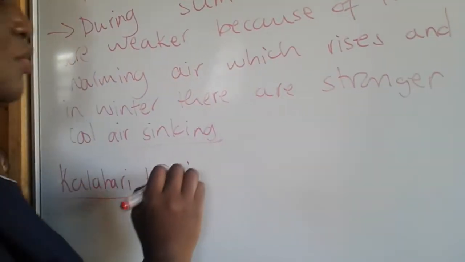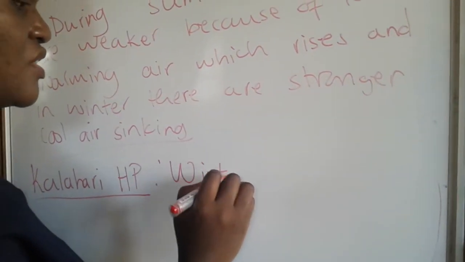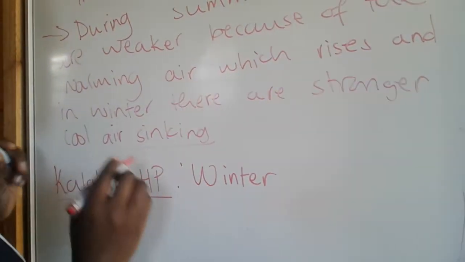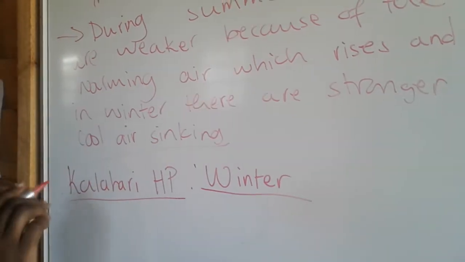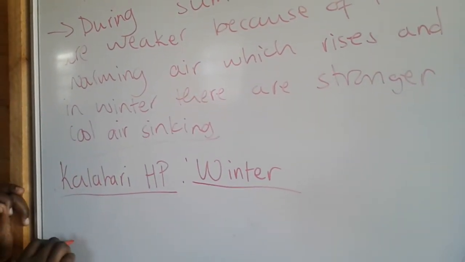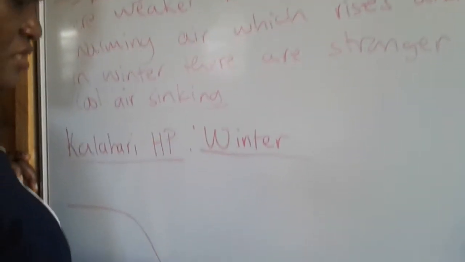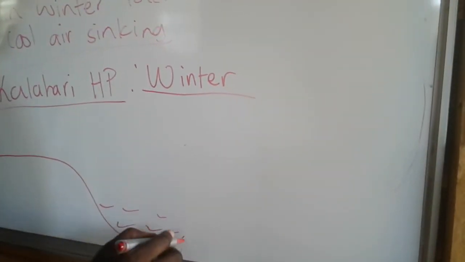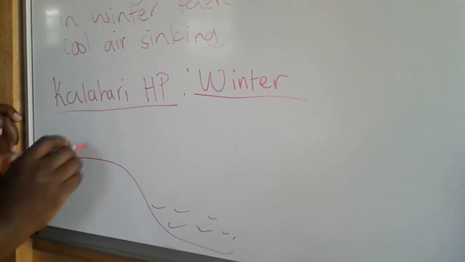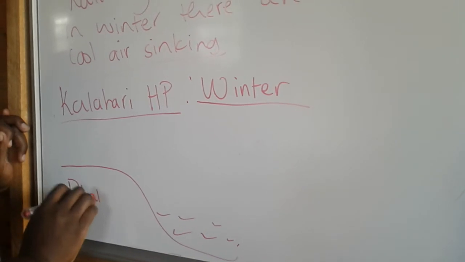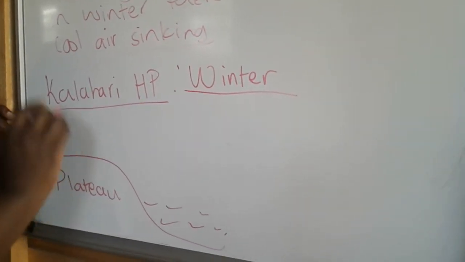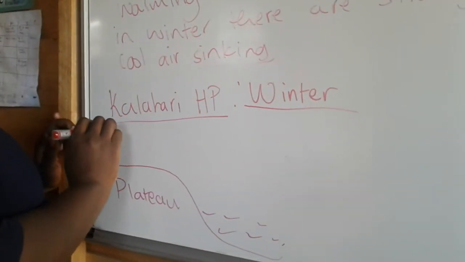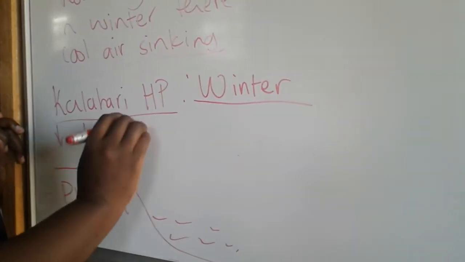When we start to look at this, we're going to start with the winter season. Now what happens in winter? We all know that South Africa is influenced by the plateau. So we said this is influenced by descending air.